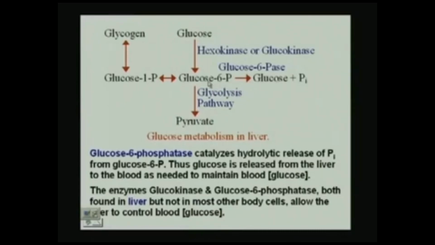The enzymes glucokinase and glucose 6-phosphatase are both found in liver, but not in most other body cells. Why would they not be in most other body cells? Because then you wouldn't get the energy. Glucose has to be broken down. If all the steps prevented the breakdown of glucose, then obviously you would not get energy. But in the liver, the excess glucose is stored as glycogen, because there are specific enzymes present in the liver that can form glycogen from glucose.